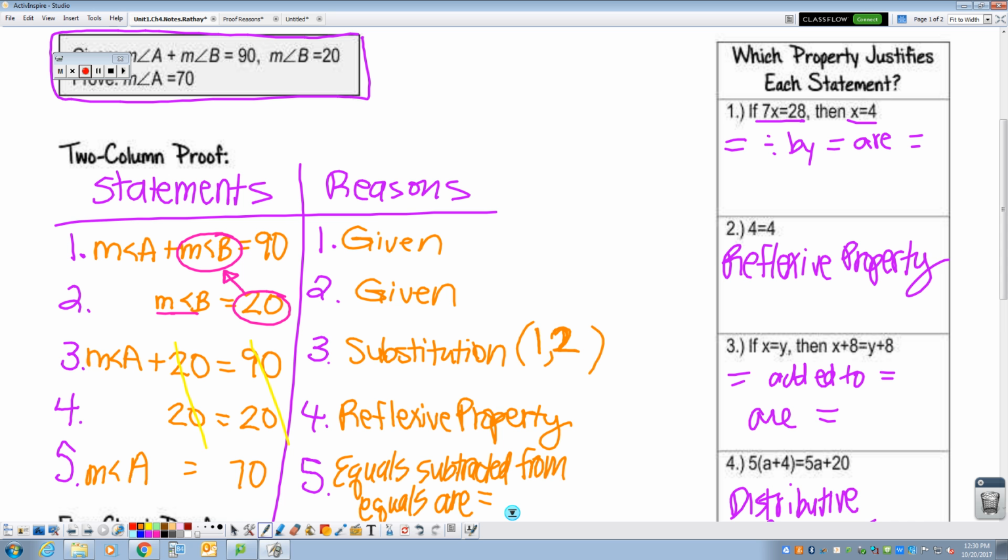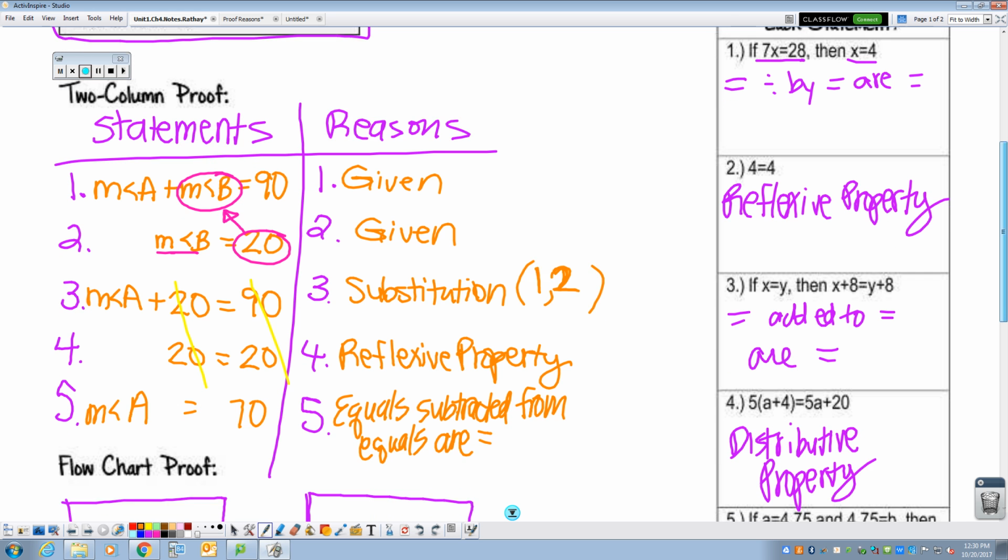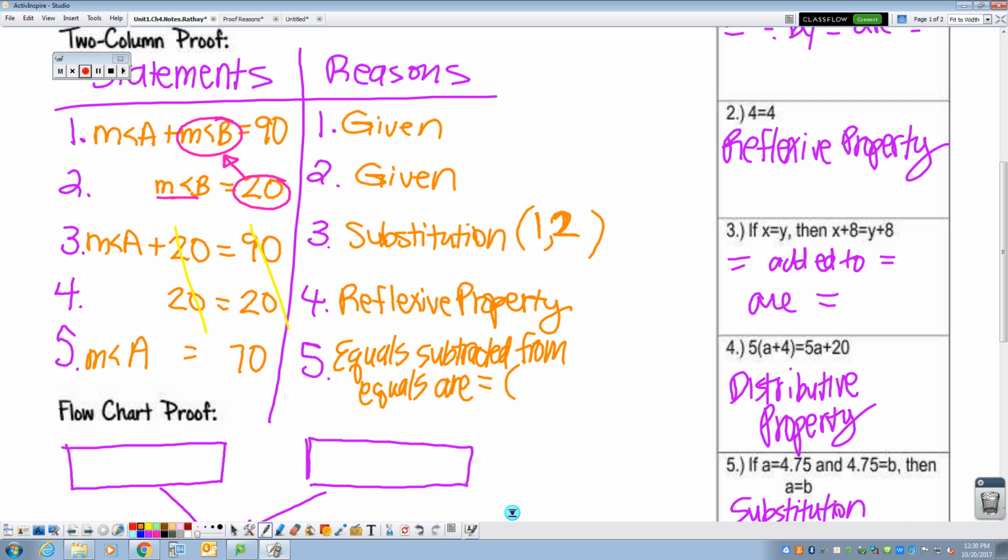And now this one also needs a reference. I need the steps that I used to do the subtraction. This should always have 2 references also. And here my reference is steps 3 and 4 because those are the 2 equations I was working with that led to my conclusion. That is a complete 2-column proof. I got from my givens to my final step, which is the statement that they asked me to prove.